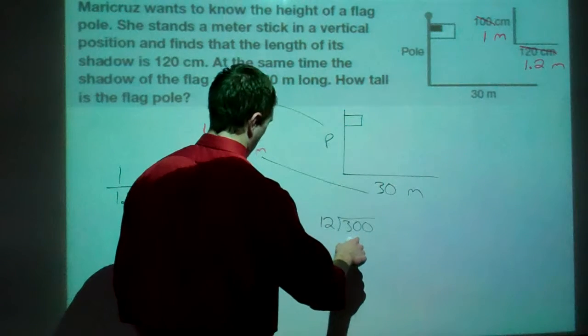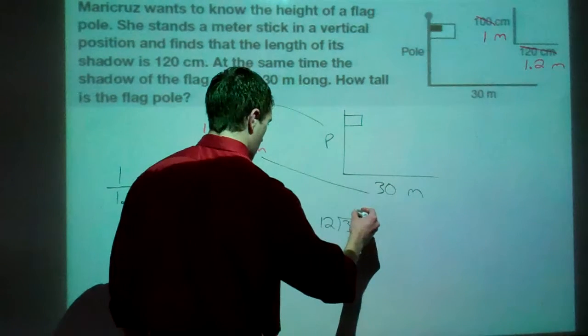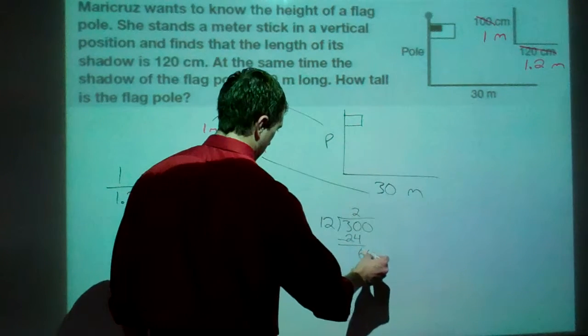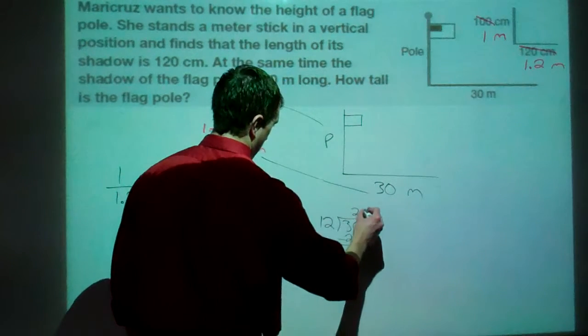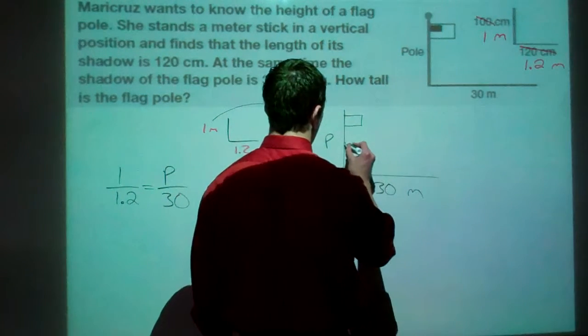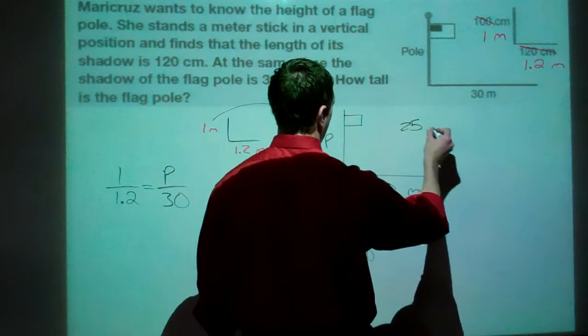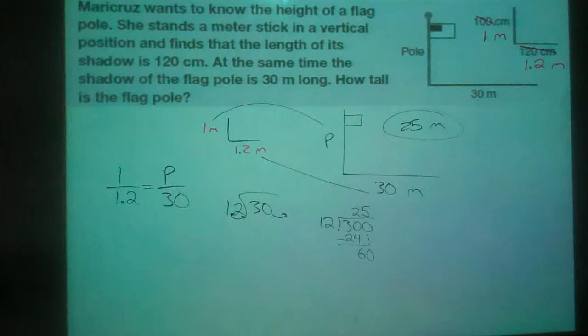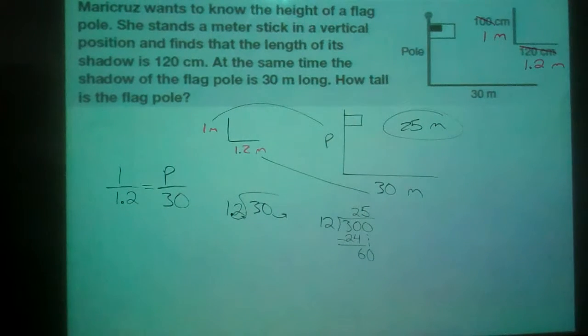So 12 goes into 300 twice. Subtract and we get 60. 12 goes in there 5 times, and that goes in there evenly. So our pole is 25 meters tall, about. Alright? So that's how we use indirect measure to figure out how tall the flagpole is.